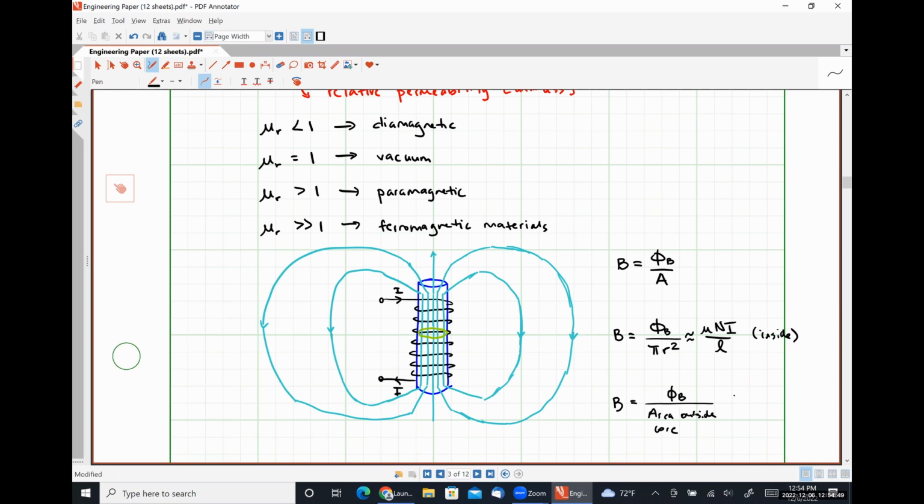So the magnetic flux inside the core has to equal the magnetic flux outside of the core because they form closed loops. But what's the area outside of the core? Literally everything but the area inside of the core, an extremely large area.